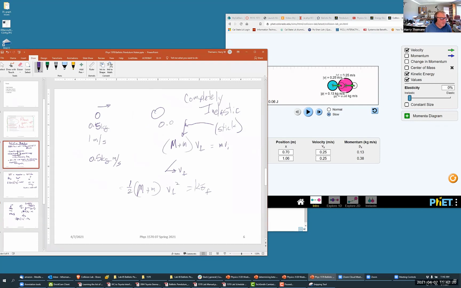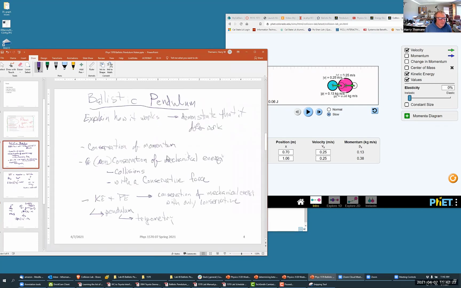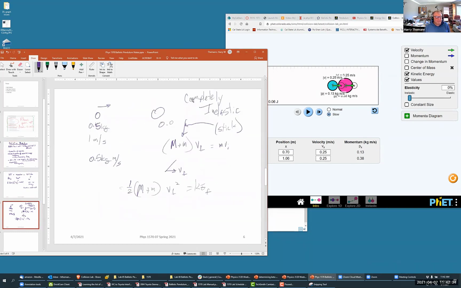Okay, so let's take a look here. We are going to exploit from our collision knowledge for the ballistic pendulum, we're going to exploit the inelastic collision.